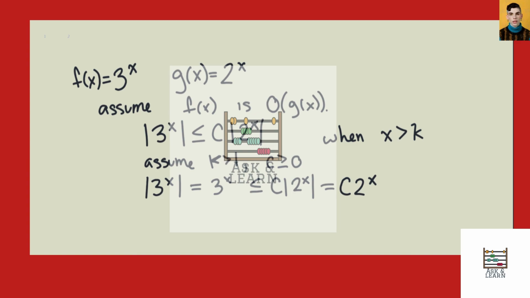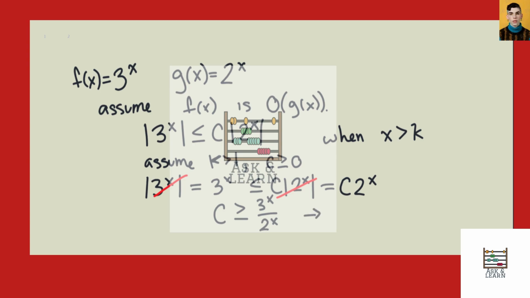And so we can rearrange this inequality, right, where we have gotten rid of our absolute values. And so we can divide both sides by 2 to the power of x. That gives us that c must be greater than or equal to 3 to the power of x divided by 2 to the power of x.